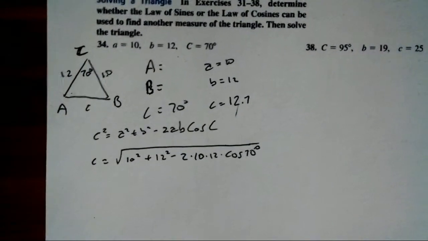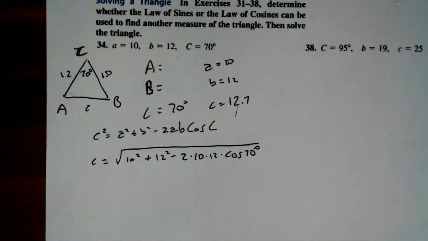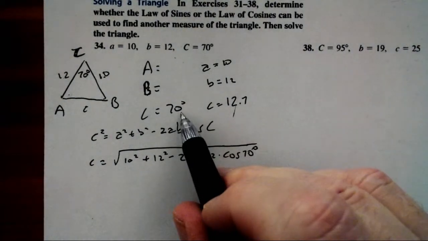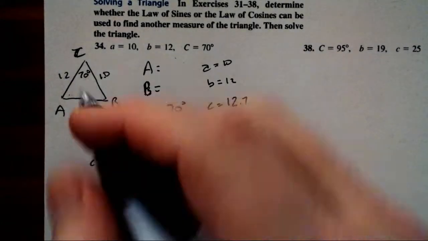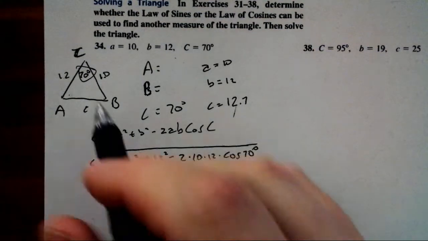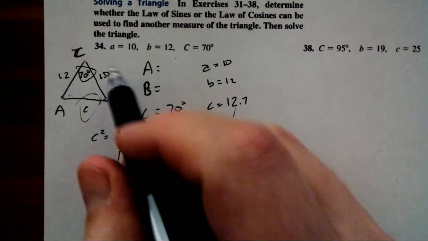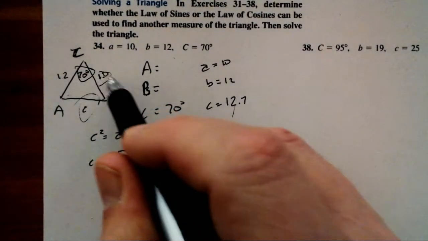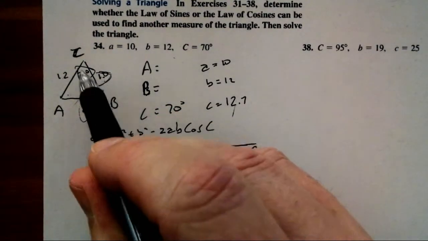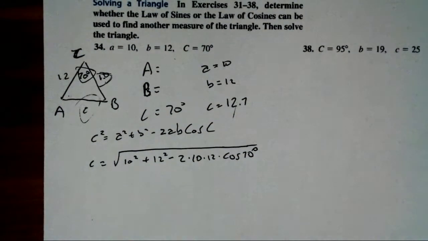And now I can use Law of Sines. Now, we aren't in any jeopardy here, but here's the story. If I was going to go for angle A, for instance, I'm going to use the 70, I'm going to use the 12.7 side C, and I'm going to use either the 10 for angle A or the 12. If I use the 10, take a look, I'm using side, angle, and I'm giving Law of Sines an opportunity to lie to me.